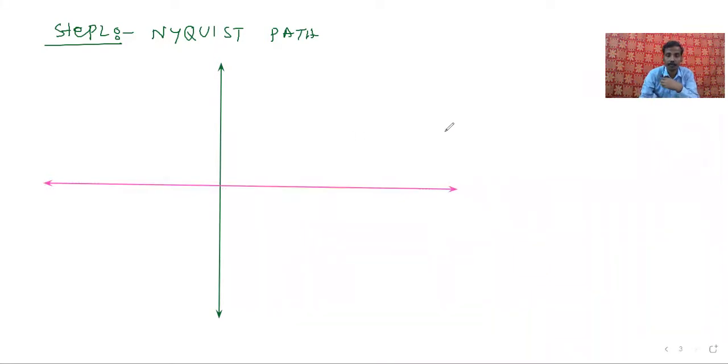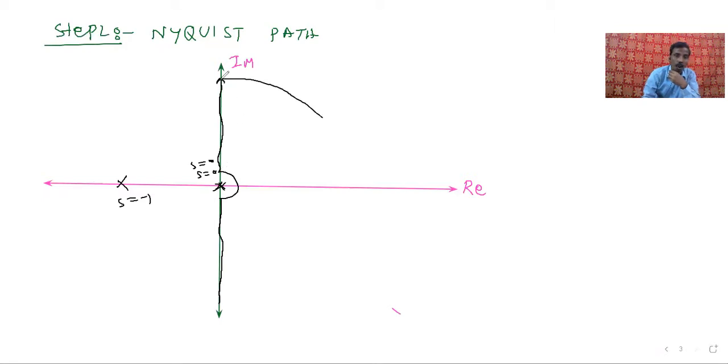Then draw the Nyquist contour, or path, on the right hand side, because on the left hand side there are poles at s equals 0, s equals 0, and s equals minus 1. This is the clockwise contour.